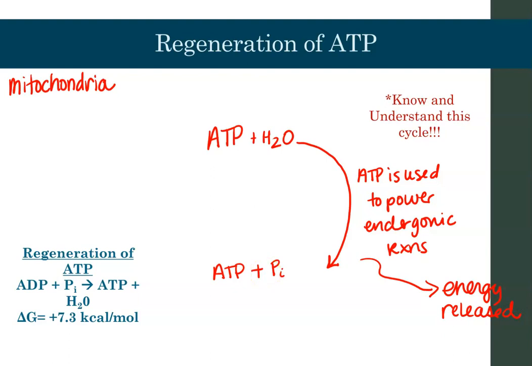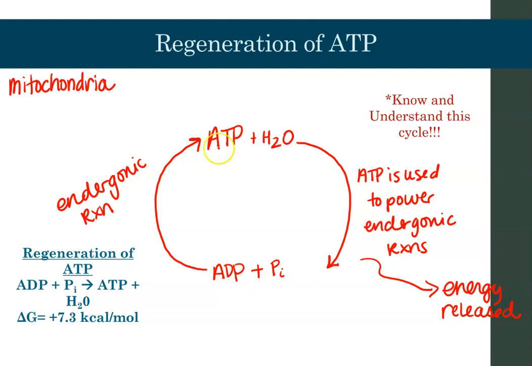But then we need to regenerate this ATP because we want to be able to use it again. So in an endergonic reaction, we rebuild our ATP by adding in a phosphate.